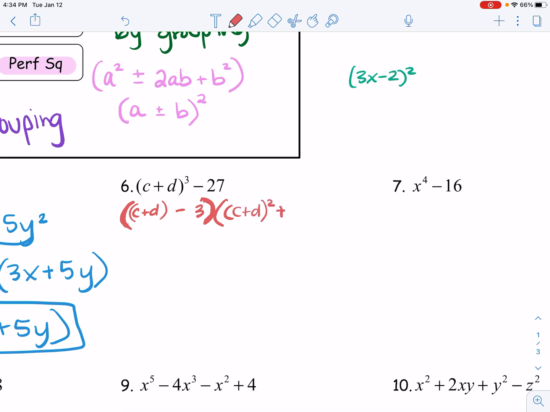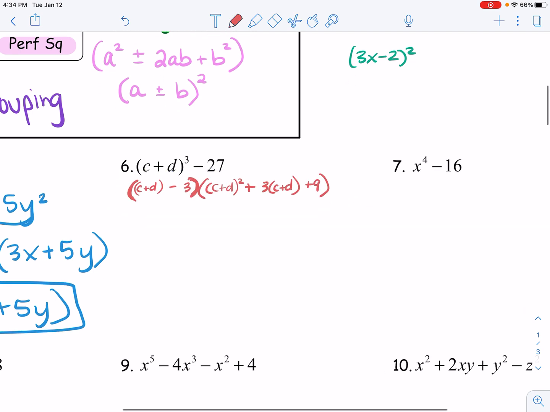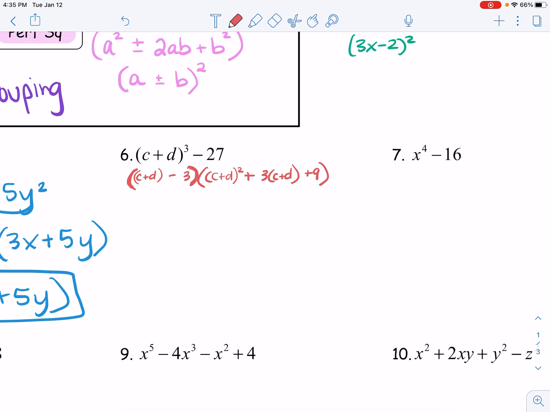I change the sign, I multiply the two things together, and I square the last. Now, that's the whole process of factoring, but I'm clearly not simplified, okay? I cannot do anything with c plus d minus 3.